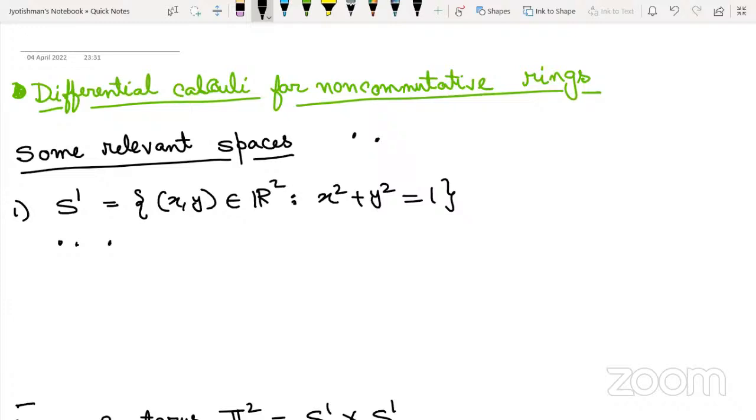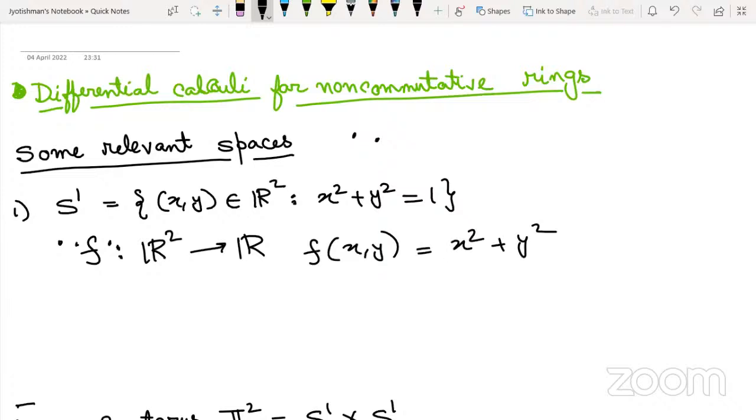So in this case, I have the function f from R2 to R given by f(x,y) = x squared plus y squared, and S equals f inverse of 1. So I have a single polynomial, and I am looking at the zero set of f minus 1.